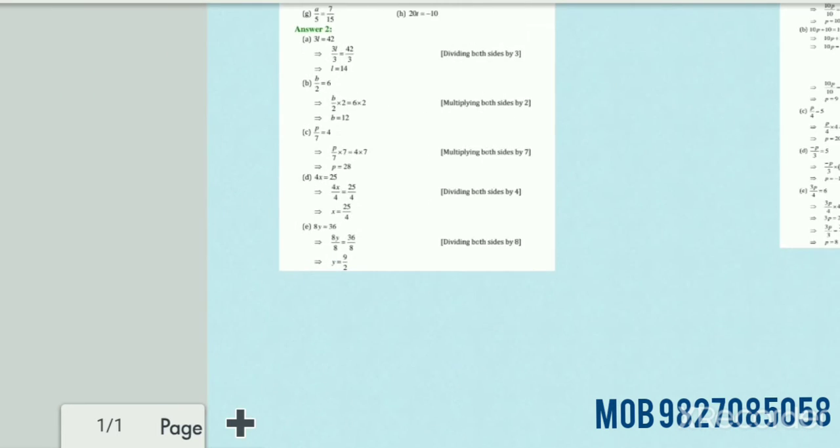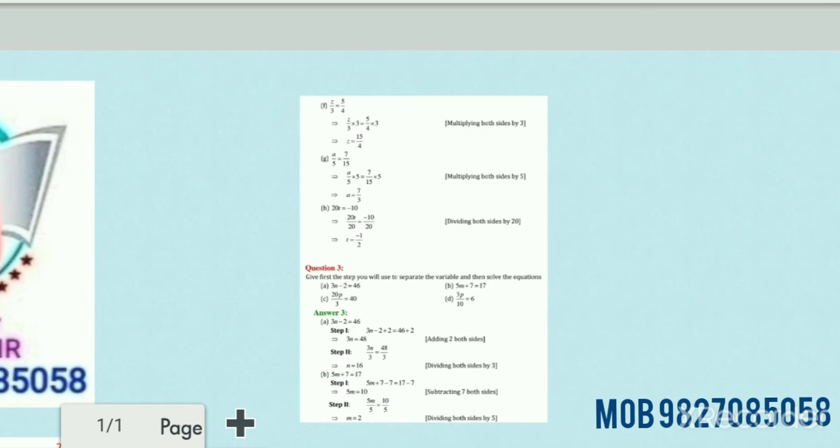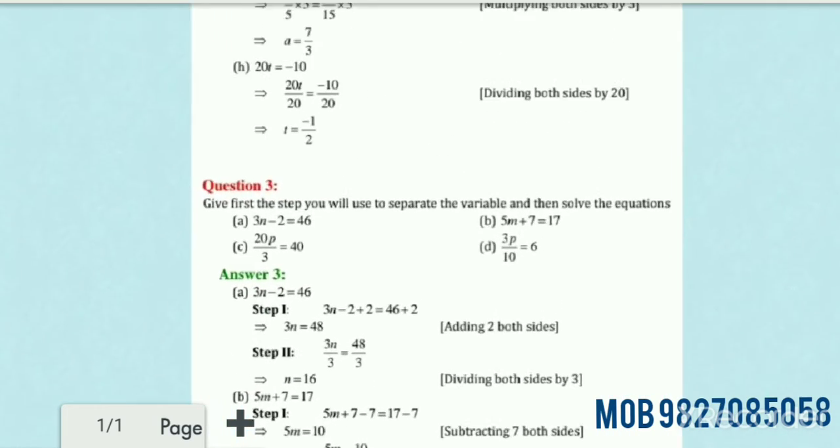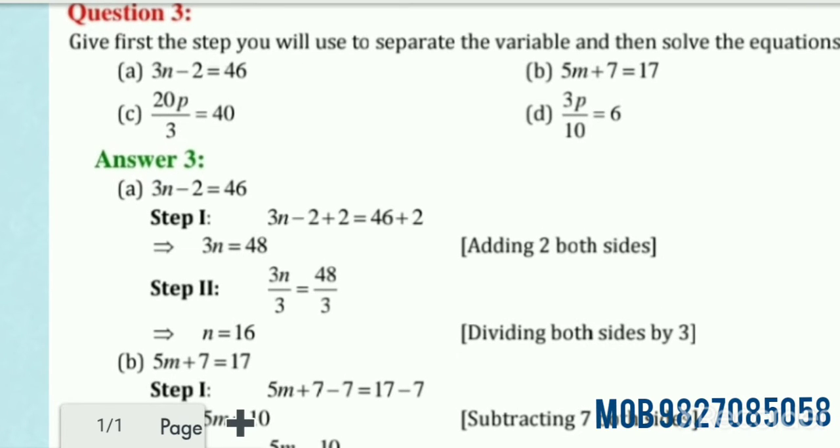Now question number 3 is here, making some equations.